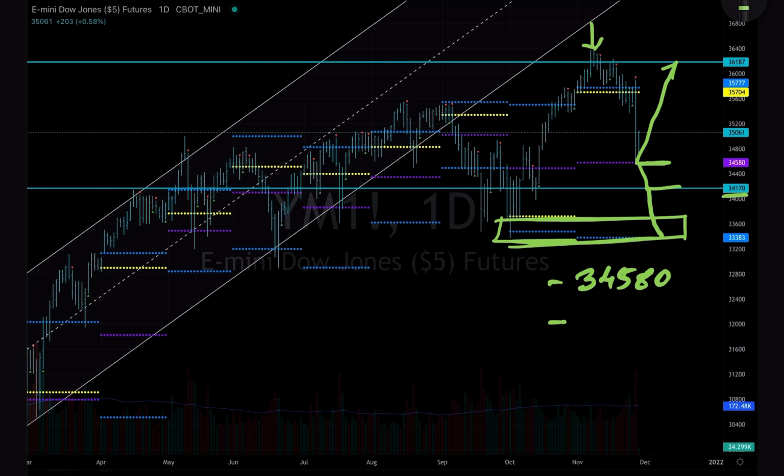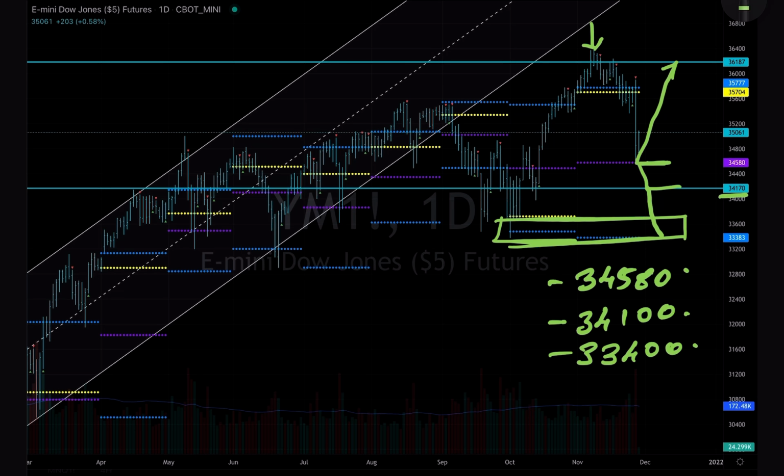And the next level to watch, if that is offered, is 34,000, in the ranges plus or minus. So 34,000 is the range we need to watch. If this has been offered, then we are straight away looking at 33,400s up to this level. So we need to see the reactions at these three key levels.